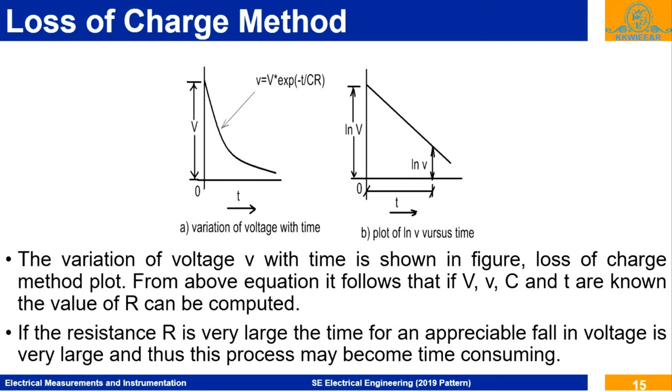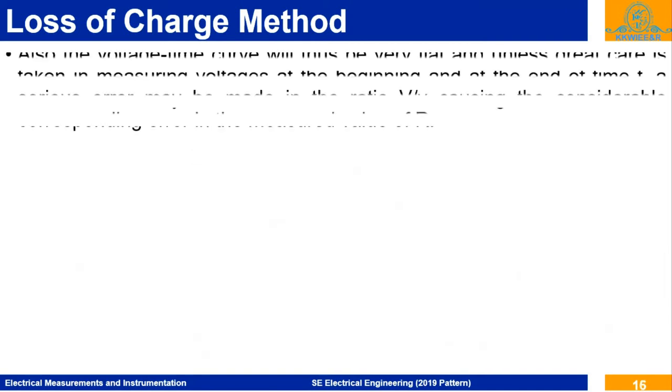So if the resistance R is very large, the time for an appreciable fall in voltage is very large, and thus this process may become time consuming. As we can see, if the resistance value is more, then the current flowing through that circuit will be very less, and hence it will take more time to discharge, and the process becomes lengthy.